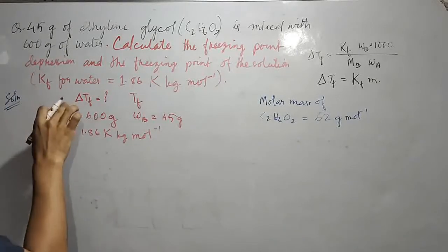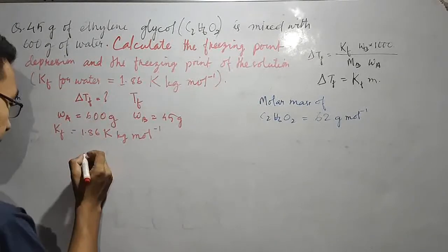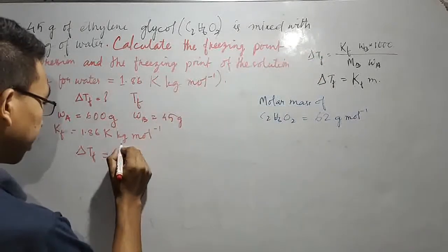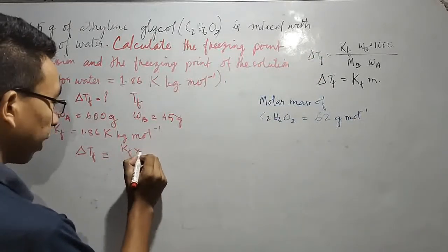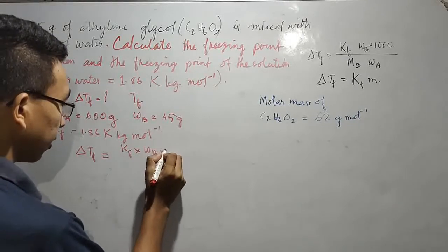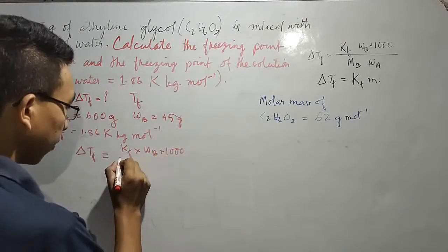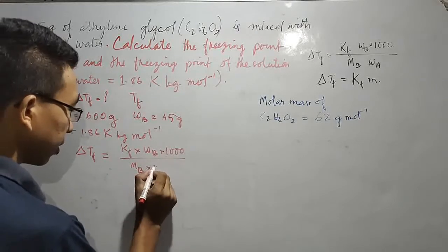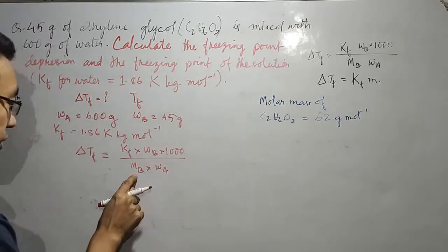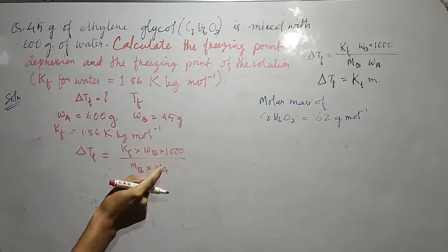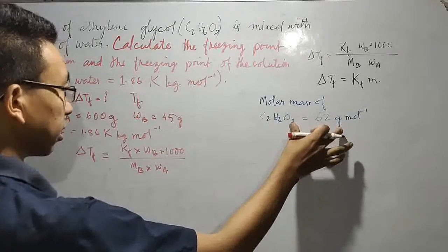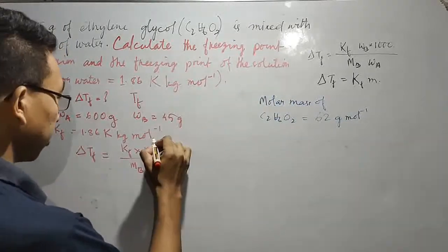First we shall find del TF. We know del TF is equal to KF into WB into 1000 divided by MB into WA, where MB is the molar mass of the solute. I have separately calculated the molar mass already, so you can calculate it and write it down just below.